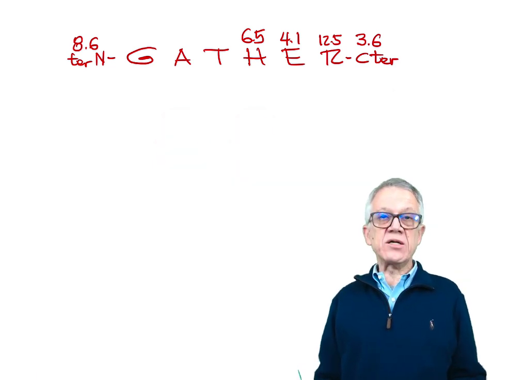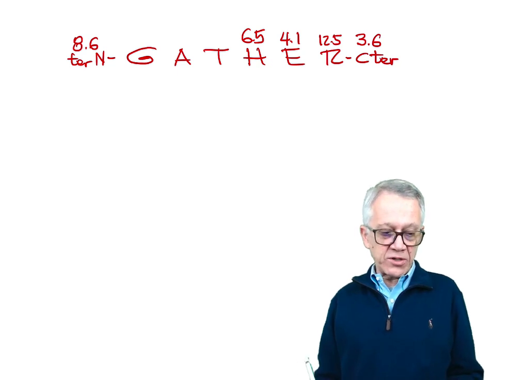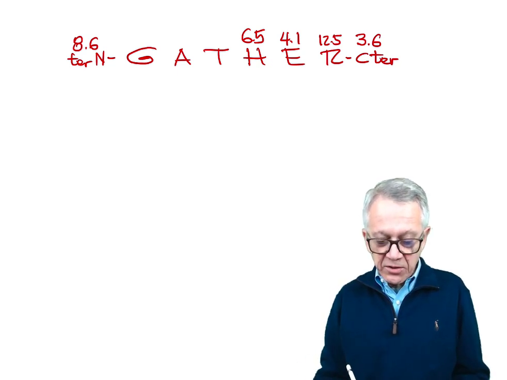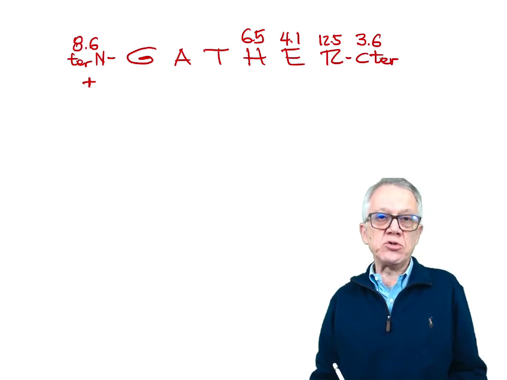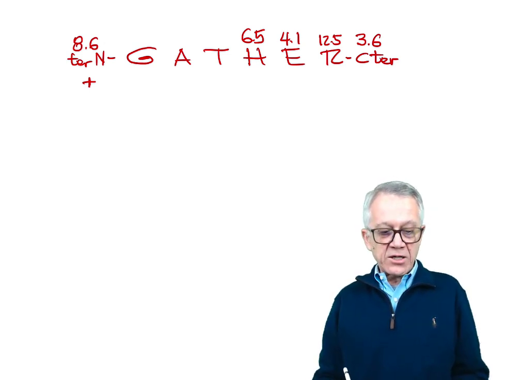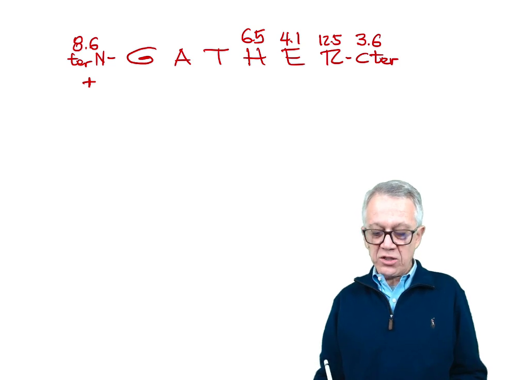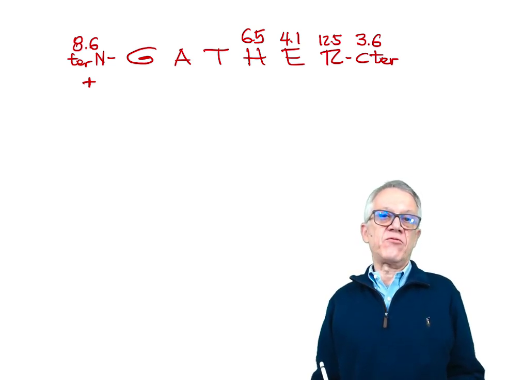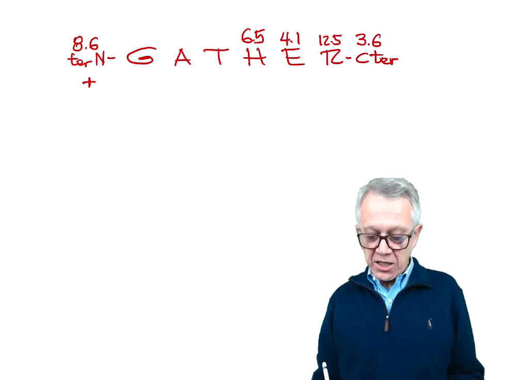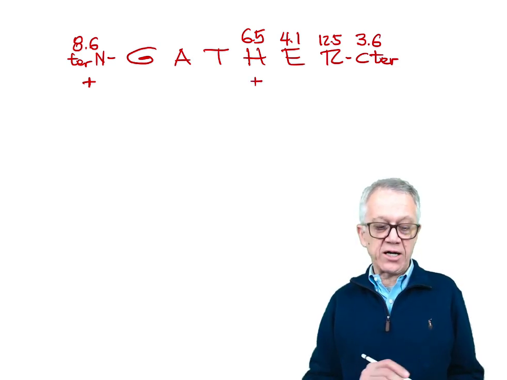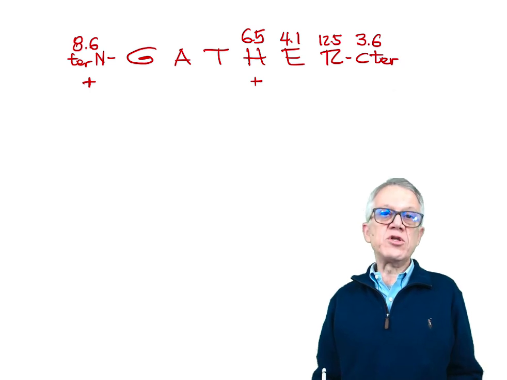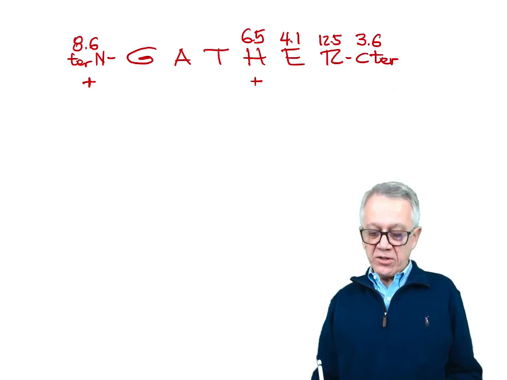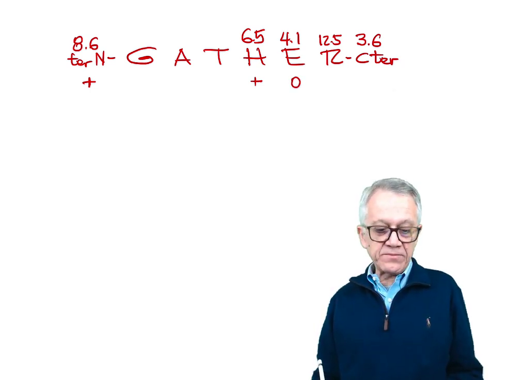So first we start with the peptide fully protonated, right? So the N terminus in this particular case is going to be positively charged, right? NH3 plus. G, A, and T do not contribute any charge. And what about histidine? In the fully protonated form, the side chain is going to be positively charged. Glutamic acid, if it's fully protonated, there is no charge, so it's 0.